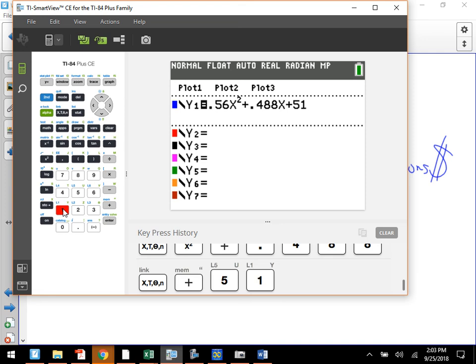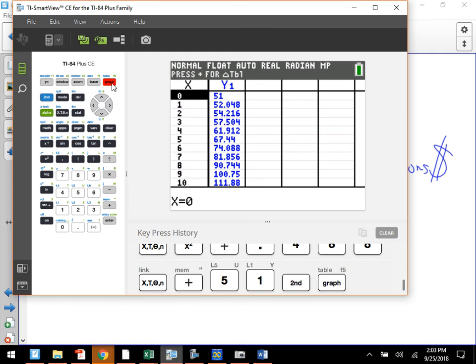Okay. So what we're going to do is go to your table, hit second graph. When you're year 0, you spent $51 billion. What was year 0? 1989. Year 1 would be 1990. Year 2 would be 91, year 3, and so on and so on.